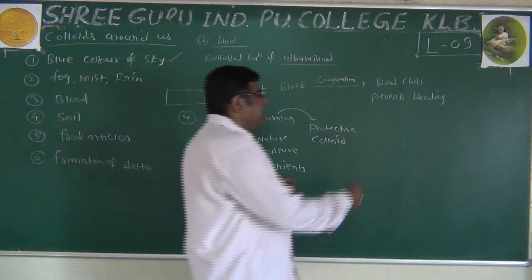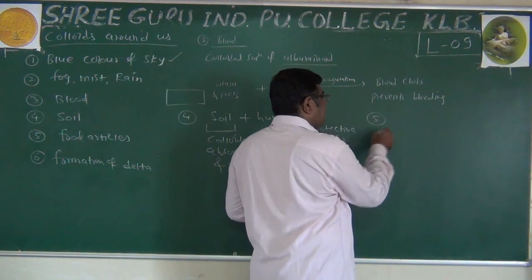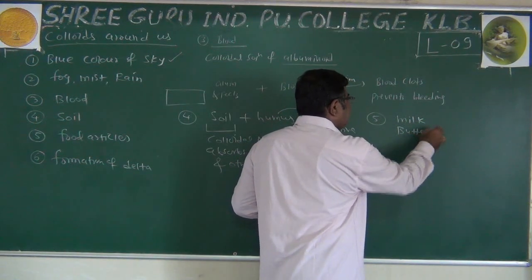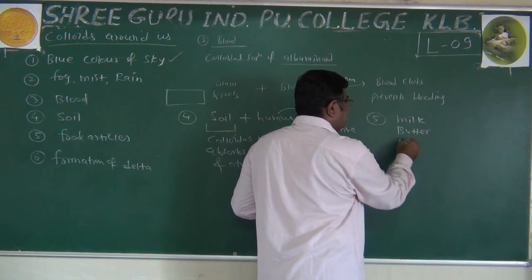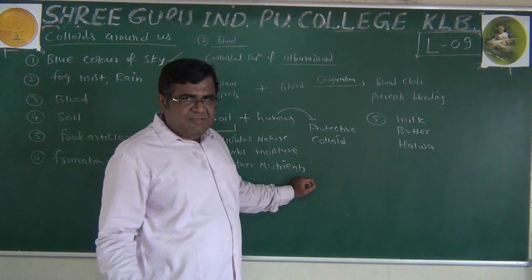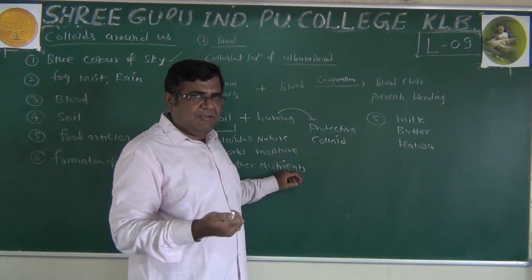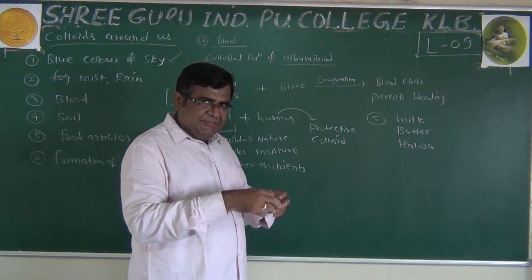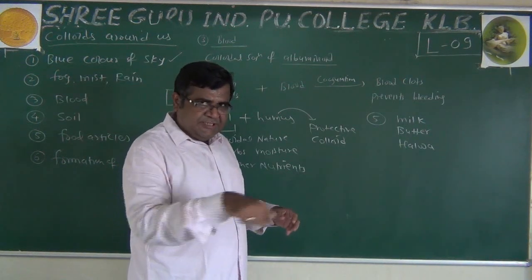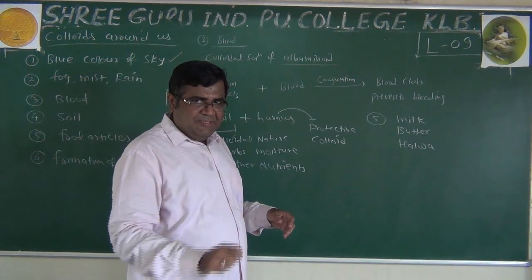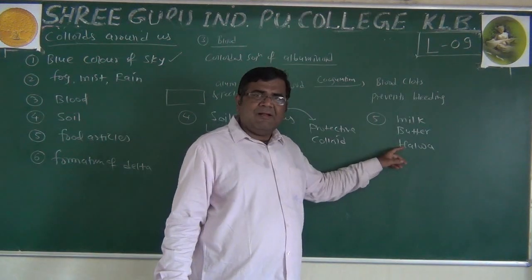Regarding food particles, we already know the examples: milk, butter, then we can say halwa. Halwa means a type of shira, where the flour is taken and it is agitated again and again. We have to put it down and out, down and out. That's why we call it halwa.